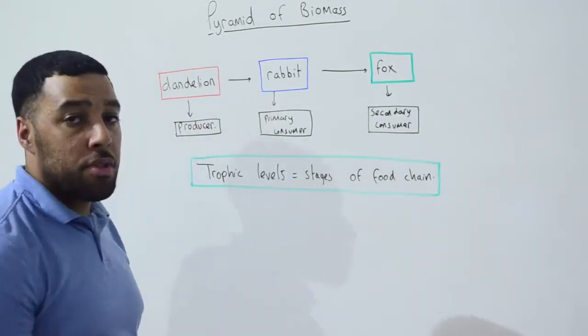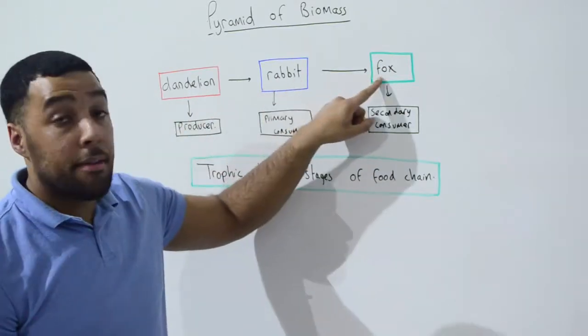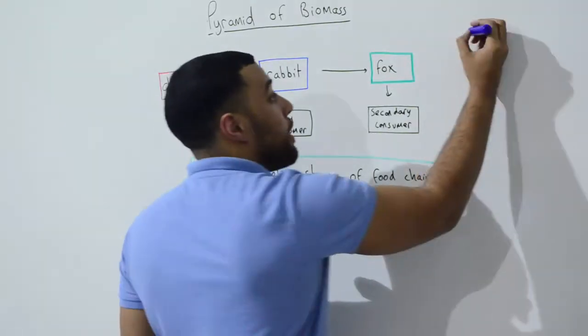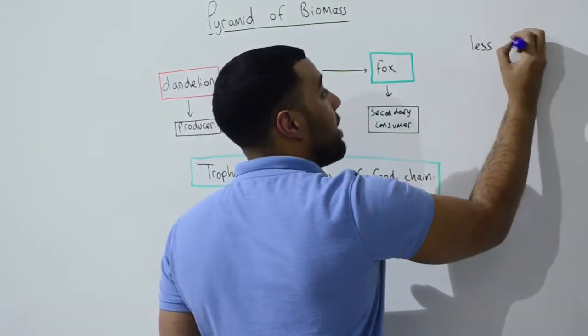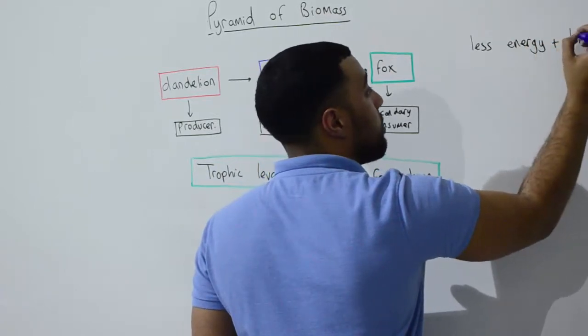And what's important for you guys to know is that at each trophic level, or at each stage of this food chain, there is less energy and biomass.